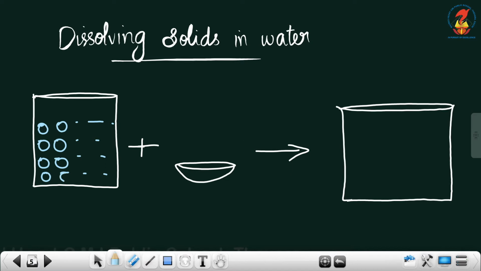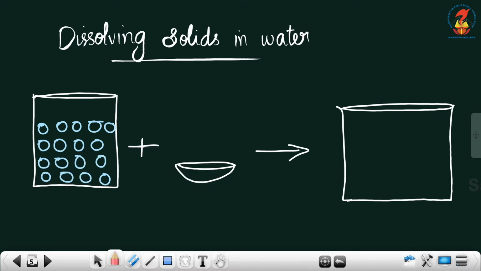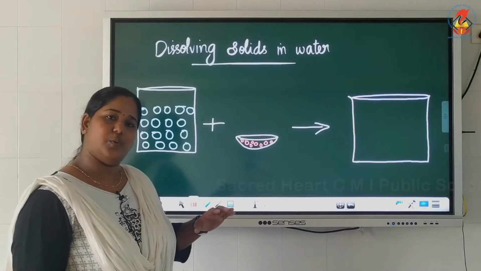Water molecules are not tightly packed, they are loosely packed, they have space between them, and that is shown here. Okay, this is how water molecules exist. And I am going to add some salt into it. I am showing salt in pink color, okay, so that it is easy for you to identify. These are salt crystals, and the molecules of salt will also be in pink color.